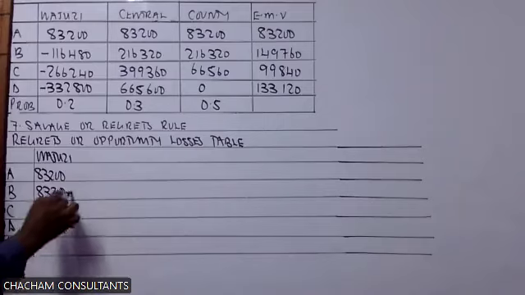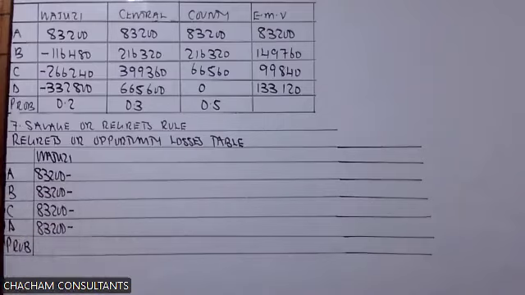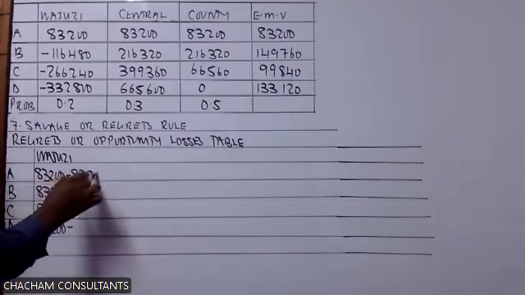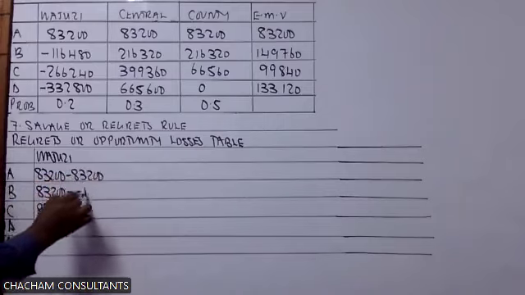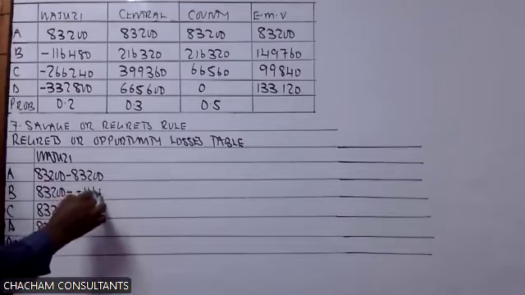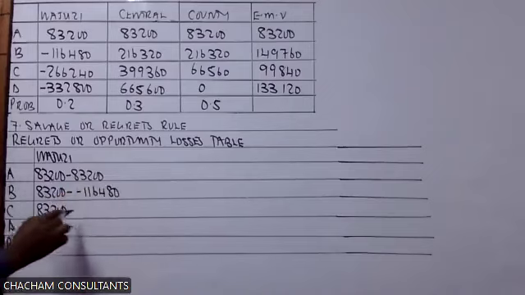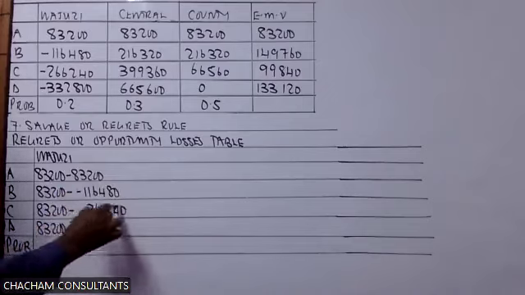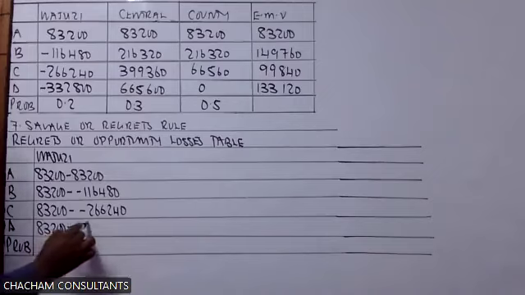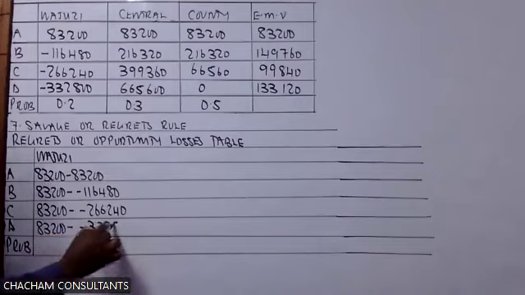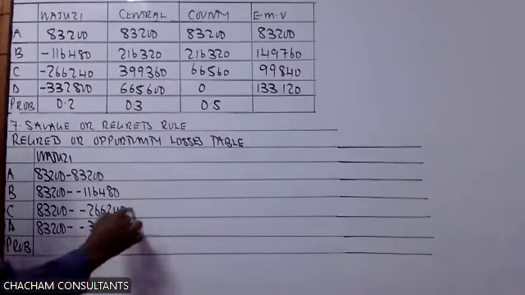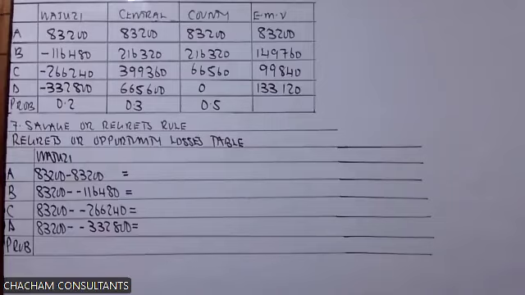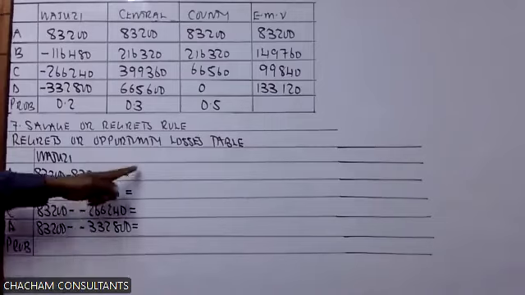Then you start subtracting the others: you subtract 83,200, you subtract negative 116,480, you subtract negative 266,240, and you subtract negative 332,800. Then you give me the answer.